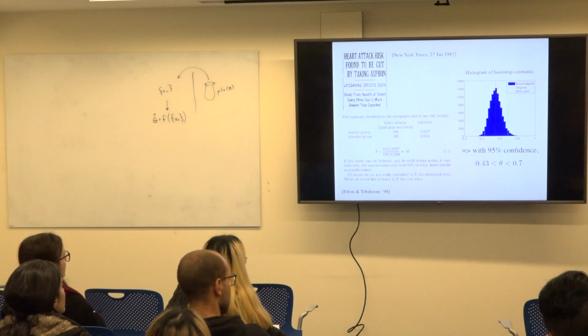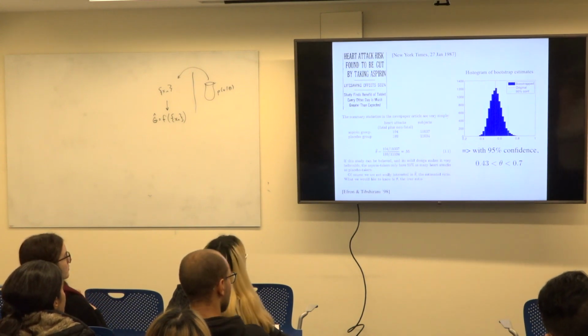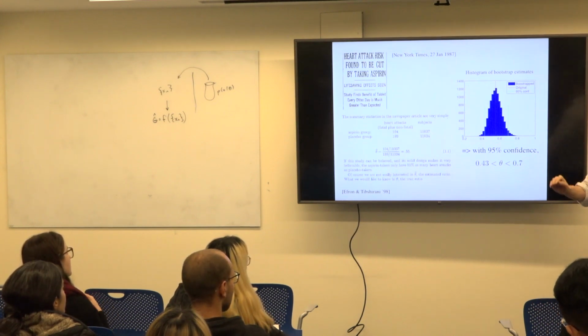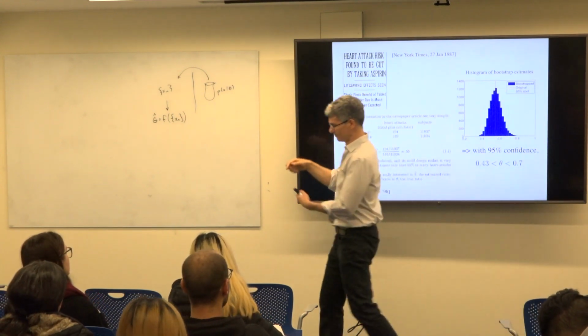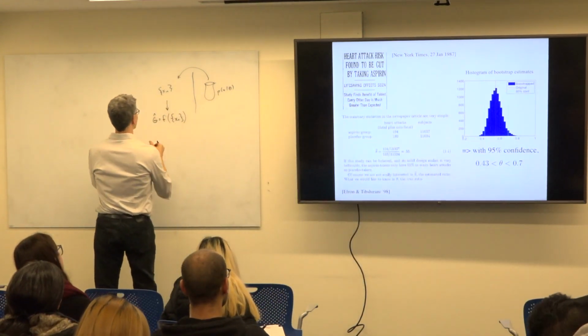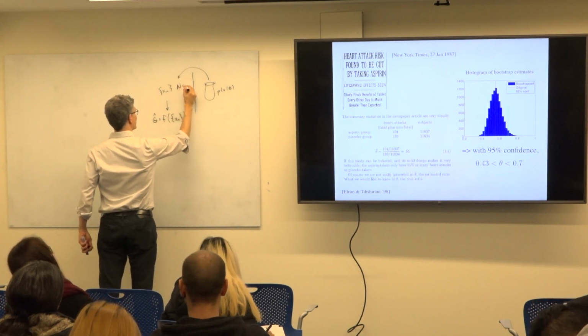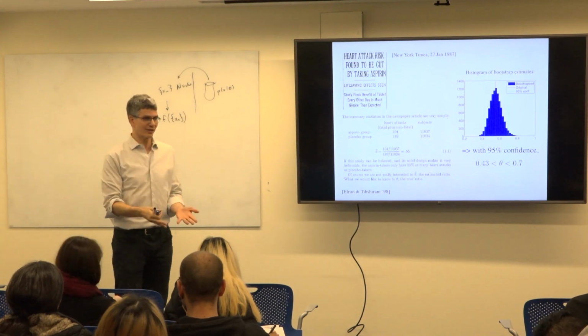Question: are you drawing the same number of samples? Yes, the same number. Typically, when you do bootstrapping, you draw the same number of samples as you had in the original data set. We're imagining that there are n samples here, n samples there, because the variability depends on n.